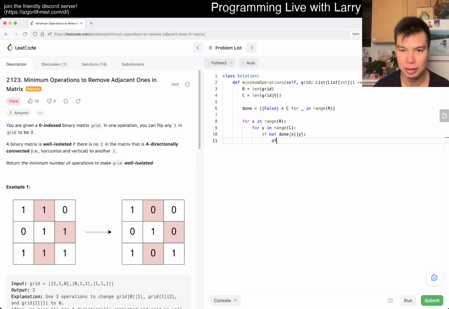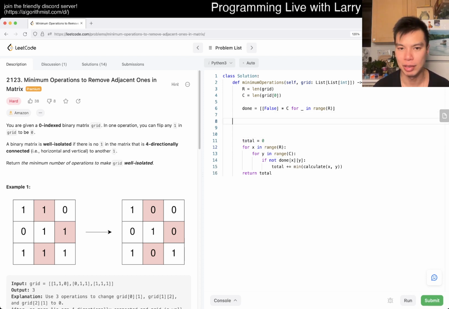We calculate xy, say, a and b. Then total is equal to 0, and we return total. This returns a thing anyway, so we could just take the min of this, and add it to total. What I mean by that is that I need to add a color to make this slightly better.